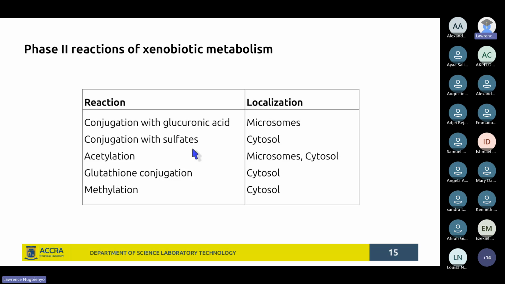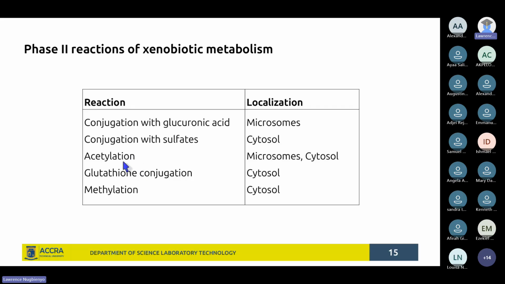You see major reactions like conjugation with glucuronic acid, which is referred to as glucuronidation. You have conjugation with sulfates, which you see as sulfation. You have acetylation, that's conjugation to an acetyl functional group.